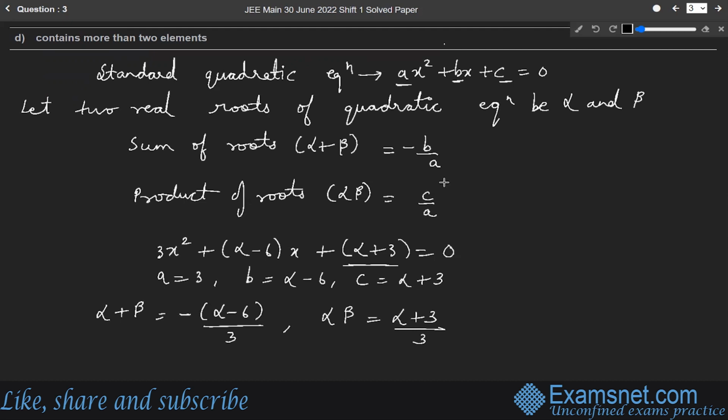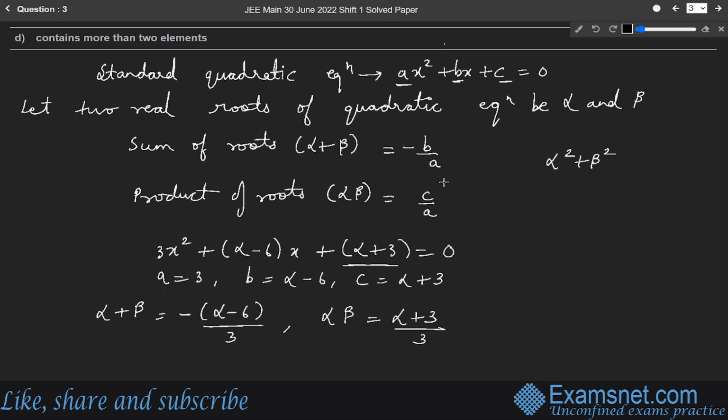What are the two roots? Alpha and beta. But in the question, it is given that we have to find the set of all the values of alpha for which the sum of the squares of two real roots is minimum. So what do you mean by the sum of the squares of two real roots? What are the two real roots? Alpha and beta. Sum of their squares means alpha square plus beta square.